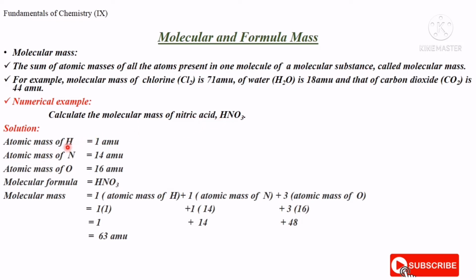The atomic mass of hydrogen is 1 atomic mass unit, the atomic mass of nitrogen is 14 atomic mass units, and the atomic mass of oxygen is 16 AMU.